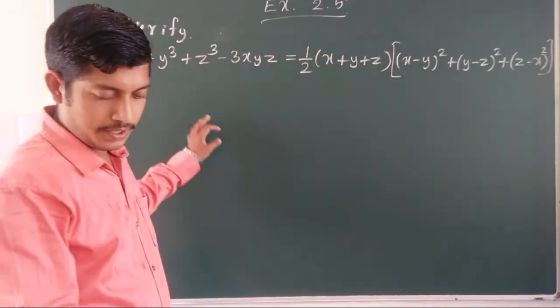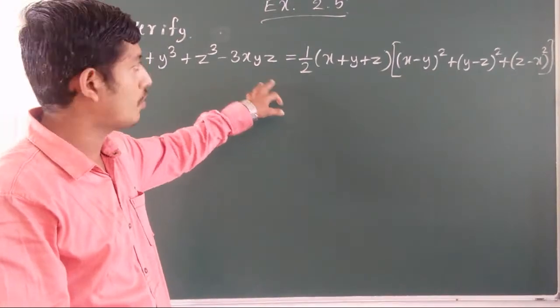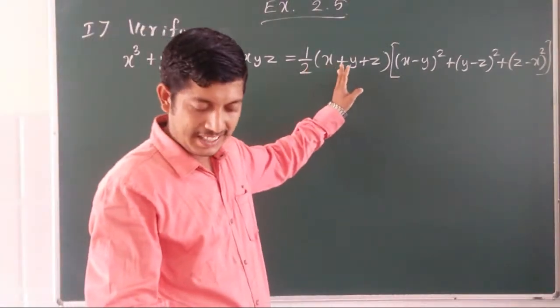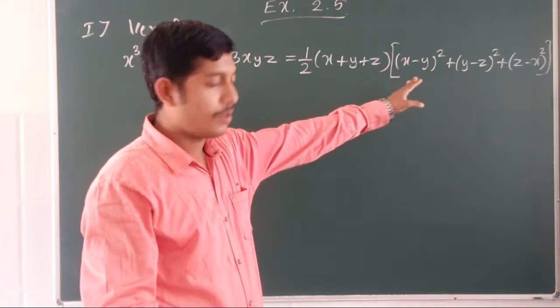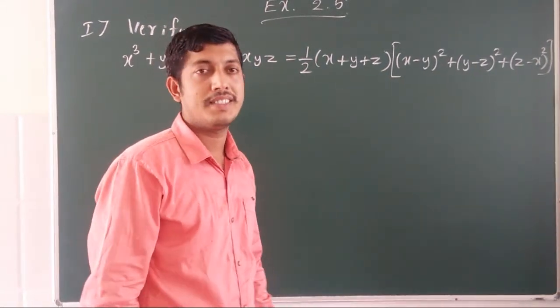So verify that x cube plus y cube plus z cube minus 3xyz is equal to half into (x plus y plus z) into ((x minus y) square plus (y minus z) square plus (z minus x) square).